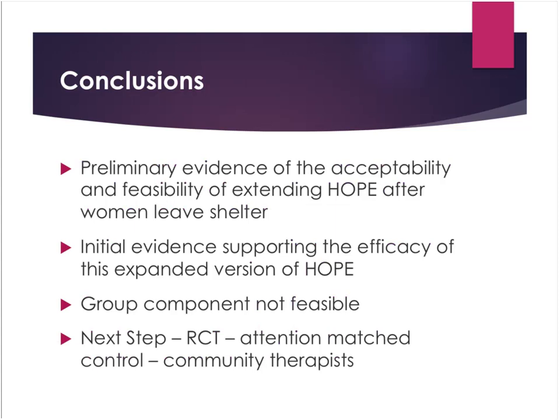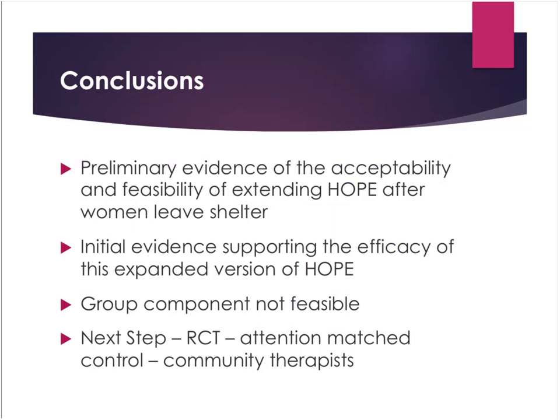So what this study tells us is that we can start treatment in shelter and keep it going; that was feasible and we could make it work. It also provides some initial evidence for the efficacy of this expanded version of HOPE. Clearly, the group component was not feasible and was just not going to work, so we removed that.